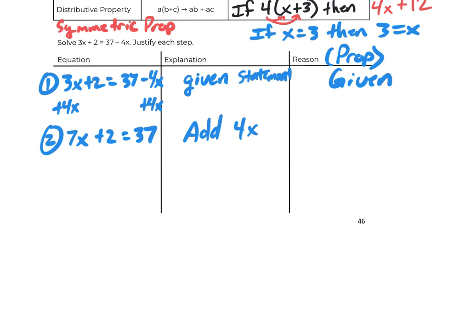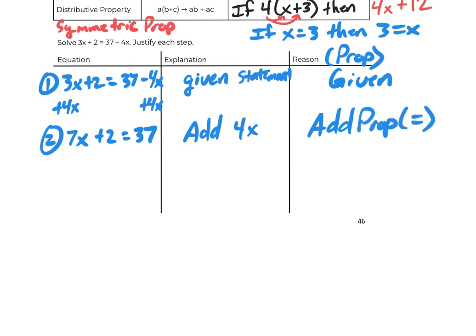Not quite, because symmetric just means the two sides are exactly the same. We would just flip them. And once again, that's where this comes in helpful, right? Because I wrote adding 4x, well, what we did was we added 4x to both sides. So this is the addition property of equality.